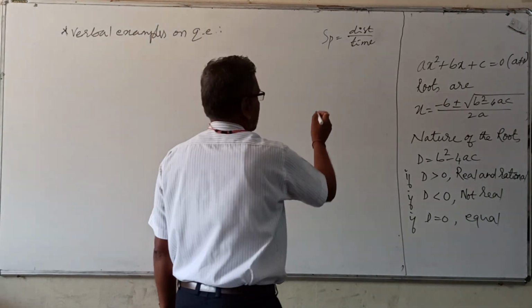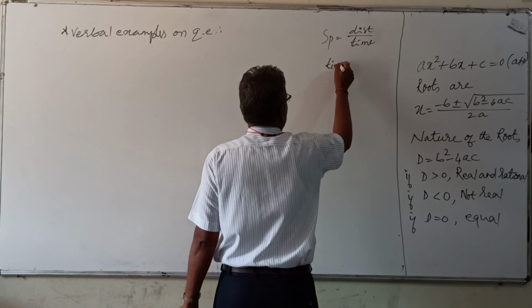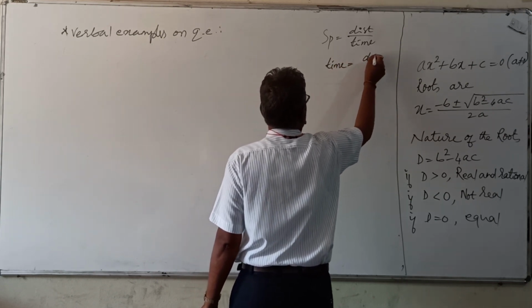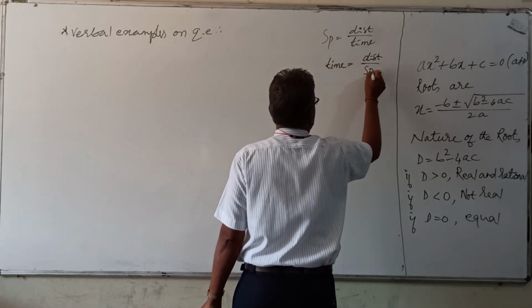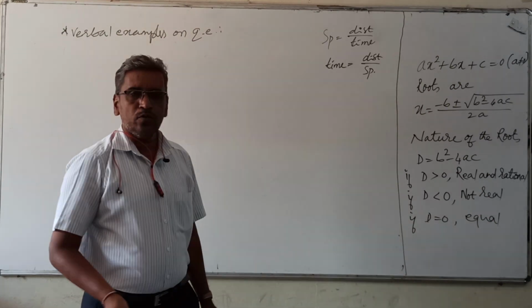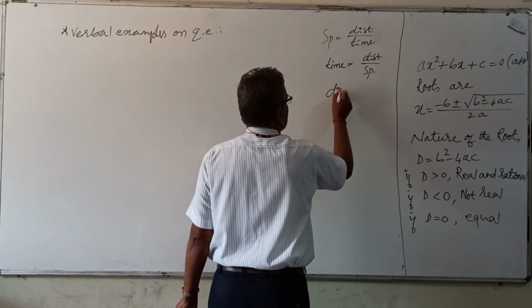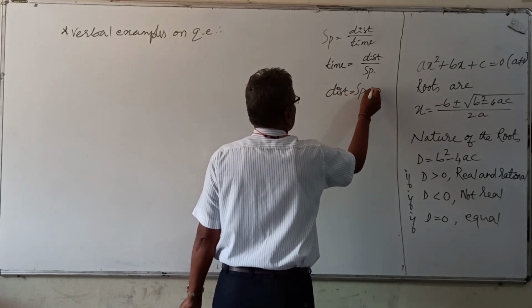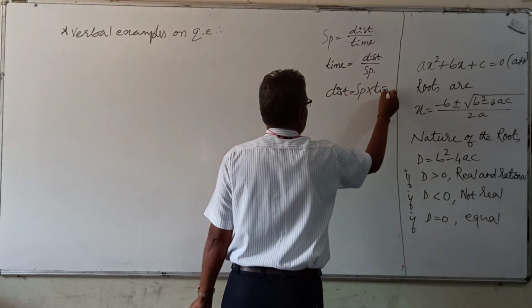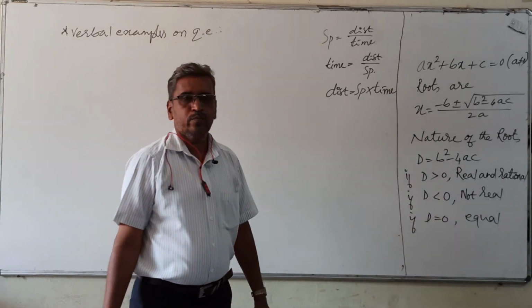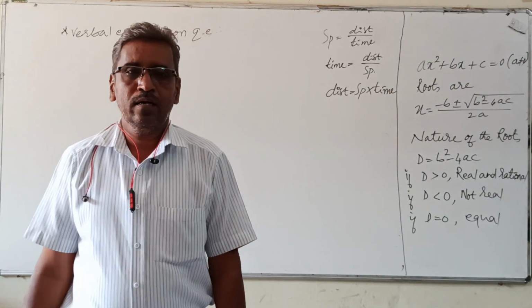That also we can write as time is equal to distance upon speed, and distance is equal to speed into time. These are the relations between speed, distance and time.